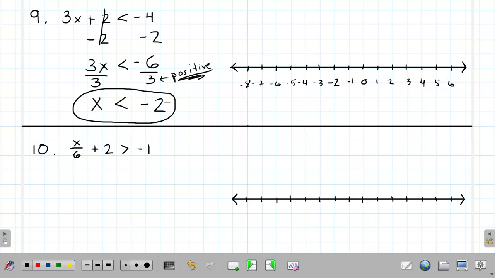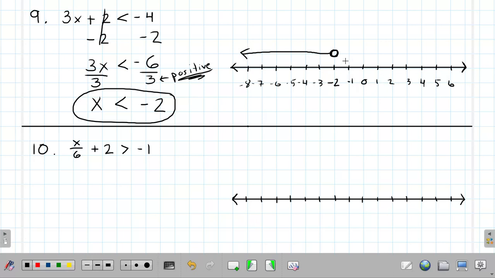But we got to know, where do we start? We start at negative 2. Can x be equal to negative 2? No. So we use an open circle. The open circle tells us x can't be equal to negative 2. But what numbers do we want? We want numbers that are less than negative 2. So those are numbers to the left of negative 2. So our arrow goes to the left.